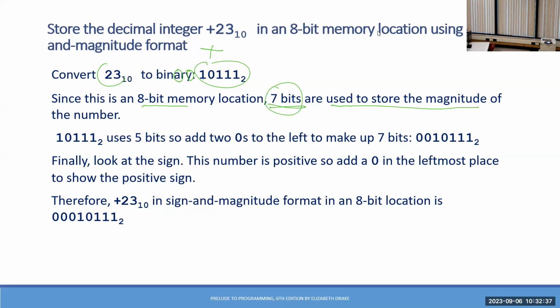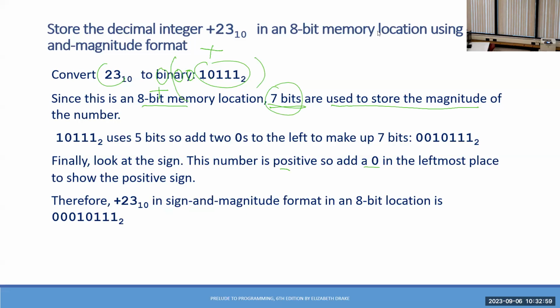Now the leftmost bit here is for the sign, right? So for a positive number, you add the number 0 to the leftmost place here. So we need 1 more 0 here, and this one is the positive sign, and this one marks it. Make sense?